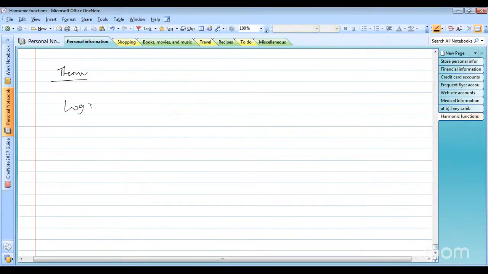Log is analytic in its domain, and Log dash z is equal to 1 by z.